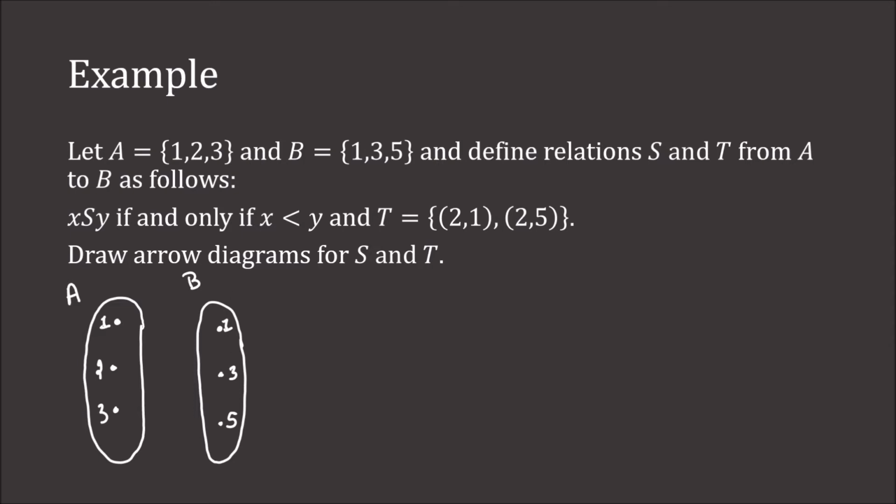So x S y if and only if x is less than y. Well, 1 is not less than 1, so there's no arrow. 1 is less than 3, so we can draw an arrow. And 1 is less than 5, so we can draw an arrow to 5.